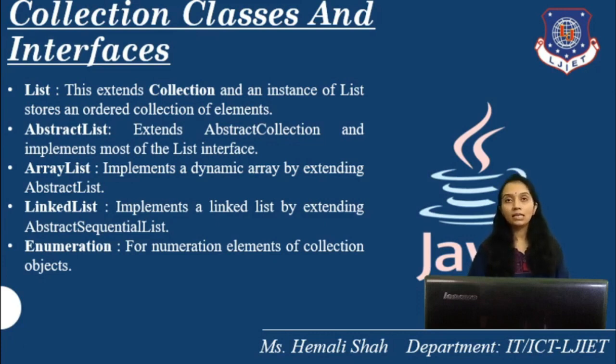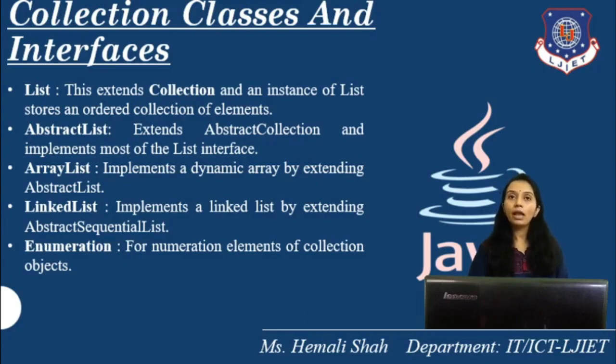Here the AbstractList basically extends the AbstractCollection and implements most of the list interface. So the child classes of this AbstractList do not need to implement all the functions. The basic implementation is done inside this AbstractList, but it is an abstract class which will be used by ArrayList.